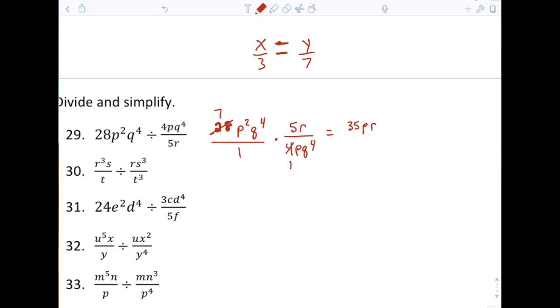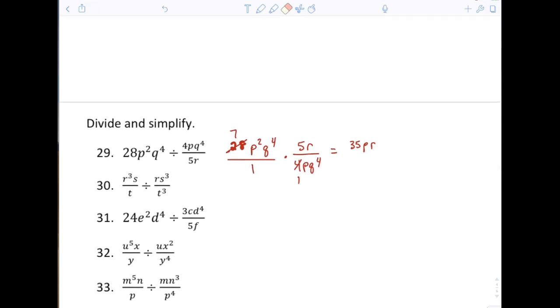If there's an equal sign, you cross multiply. When you're just multiplying or dividing, we say you cross reduce. You can reduce diagonally, you can reduce vertically, not horizontally. So you reduce and then multiply the numerators, multiply the denominators.